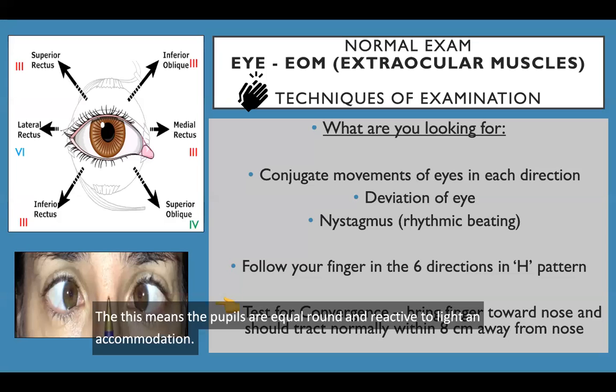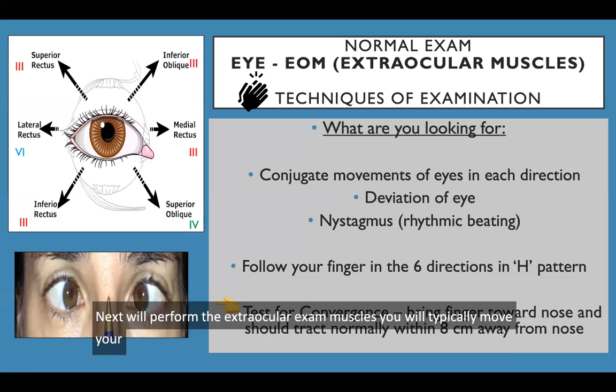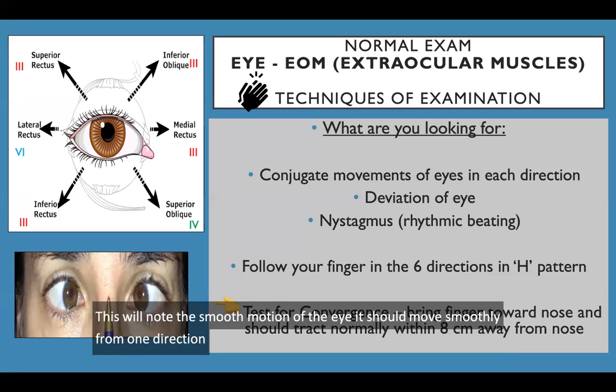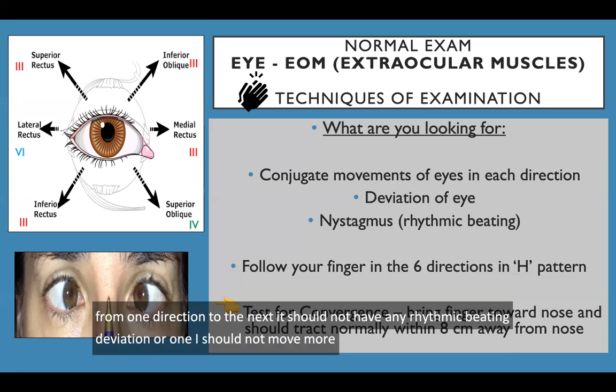Next, we'll perform the extraocular muscle exam. You will typically move your finger in an H pattern. This will note the smooth motion of the eye. It should move smoothly from one direction to the next. It should not have any rhythmic beating or deviation, and one eye should not move more or less than the other.